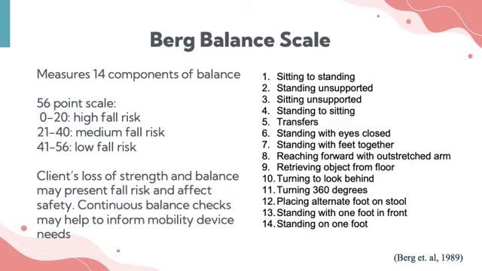A score of 0 to 20 is considered a very high fall risk. This could be a good thing to assess due to a loss of strength and balance, which may present fall risks and affect safety. It could be good to continuously monitor balance as needed to inform use of mobility devices.